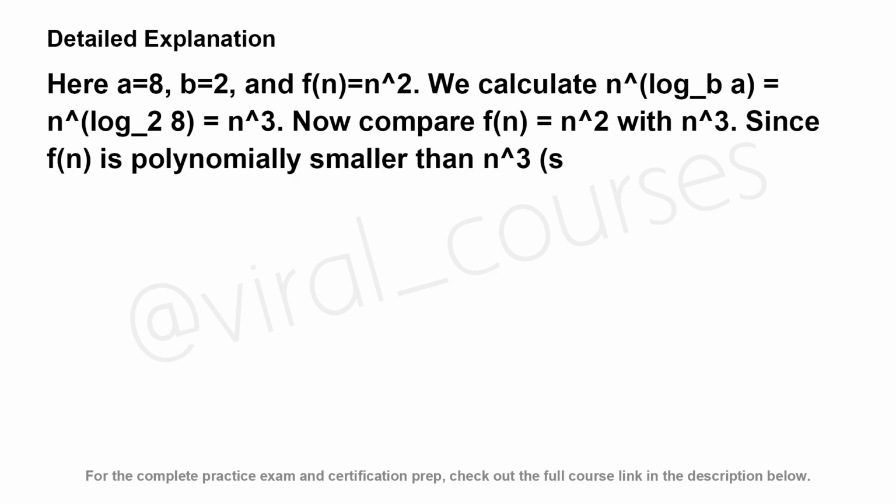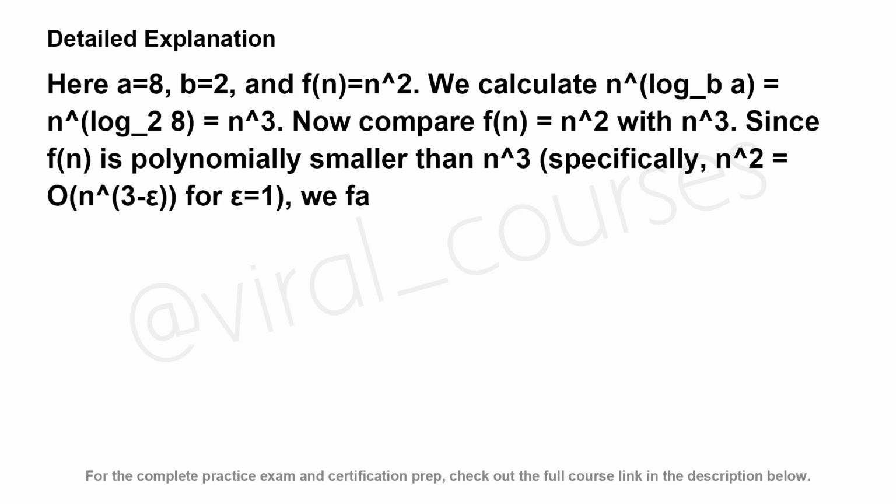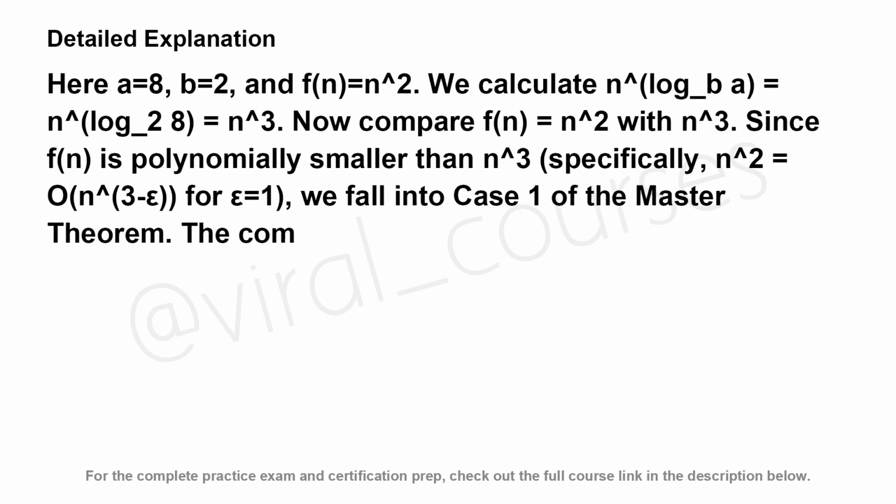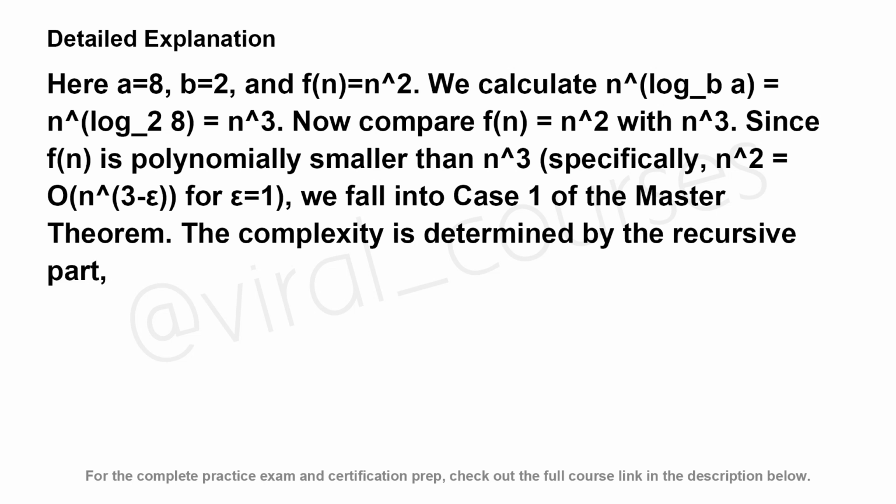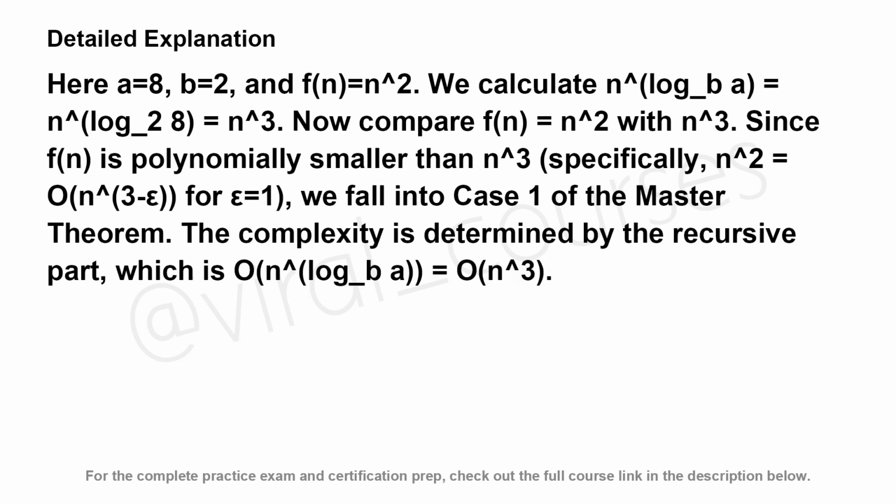Since f(n) is polynomially smaller than n cubed, specifically n squared equals O(n^(3-epsilon)) for epsilon equals 1, we fall into case 1 of the Master Theorem. The complexity is determined by the recursive part, which is O(n to the log base b of a), equals O(n cubed).